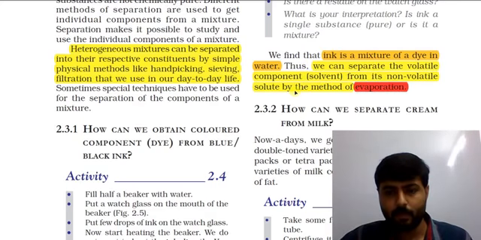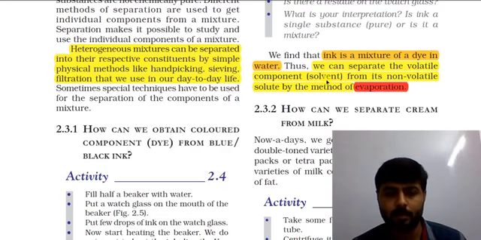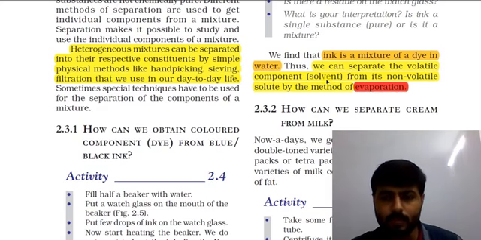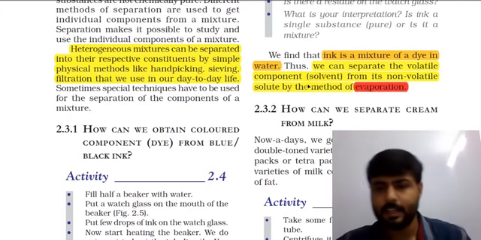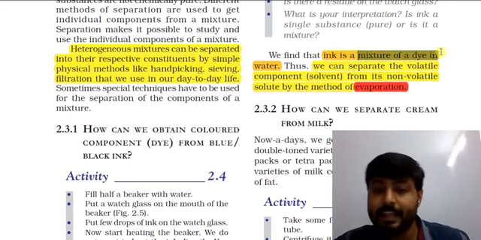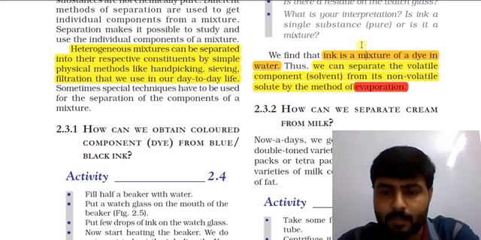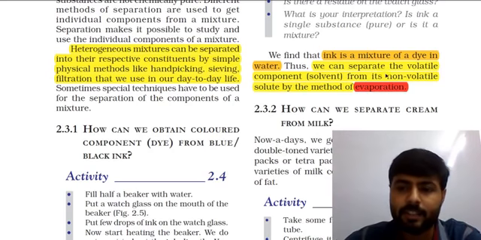Thus we can separate the volatile component. Volatile component means the component which can evaporate. Volatile component is the solvent. Here you can see ink is a mixture of dye in water, which means water is in higher quantity, so we call it the solvent. The non-volatile solute is non-volatile, which means it cannot evaporate.